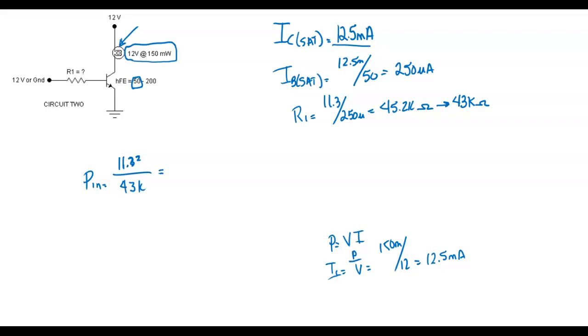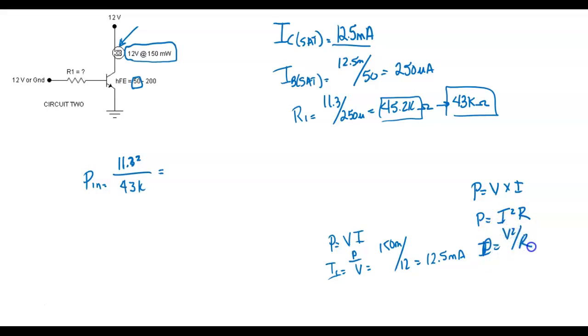We calculated current for this resistor right here, but we didn't calculate current for that resistor right there. That's okay, we don't need to, because we know our power formulas. So what are our three main power formulas? Power is equal to V times I, which we use all the time. Then power is equal to I squared R. And then power is equal to V squared over R. Those are our three main power formulas.